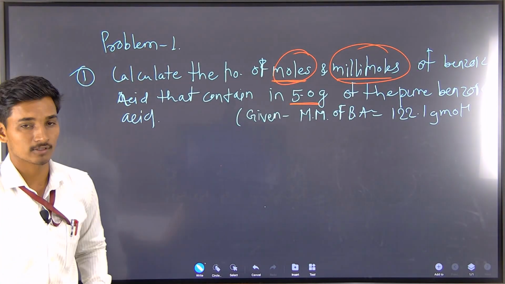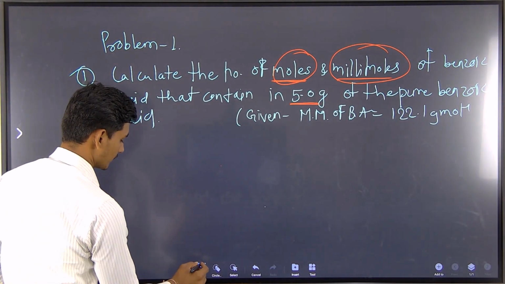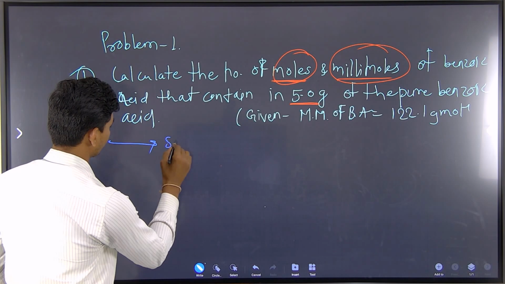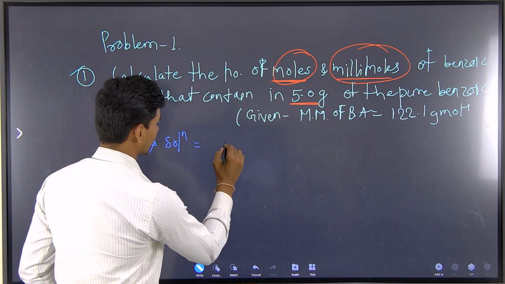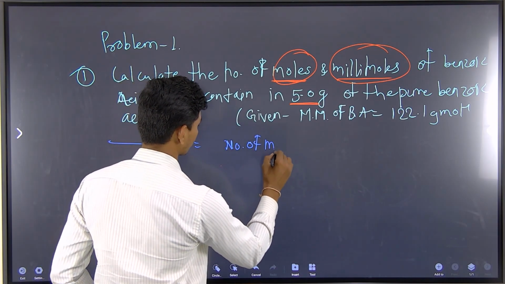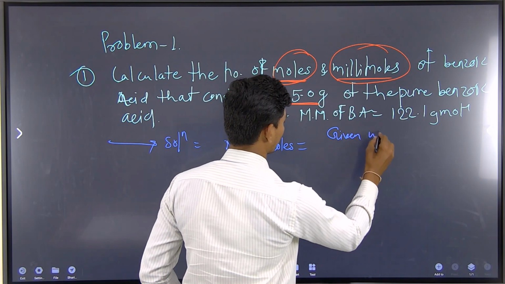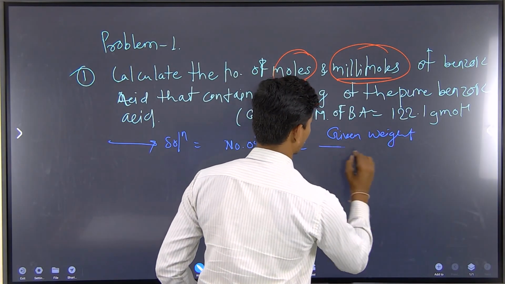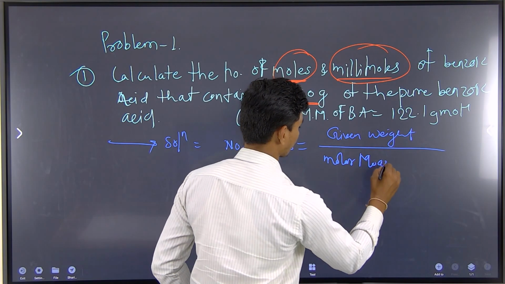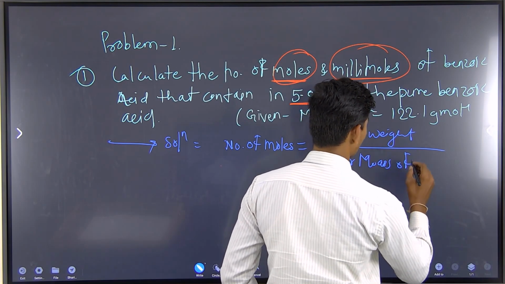We know the formula for calculating the moles, and I will write it here. The formula for calculating the number of moles is equal to given weight divided by the molar mass of the given compound.